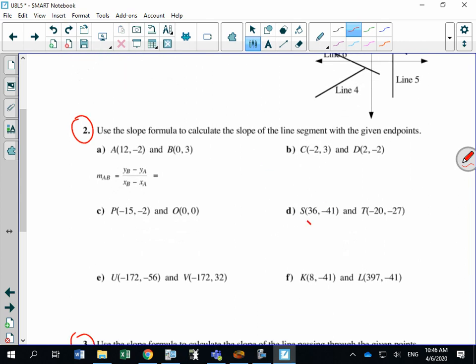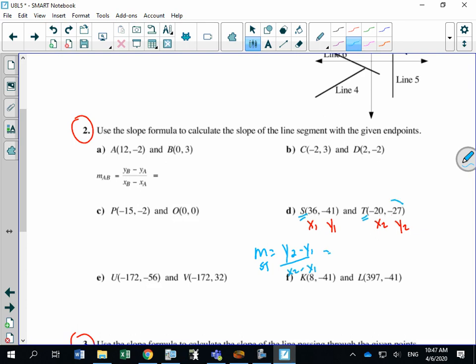Every point you get, x1, y1, x2, y2, write your slope formula. Slope of ST is equal to y2 minus y1 over x2 minus x1. And from there, you just plug it in, right?